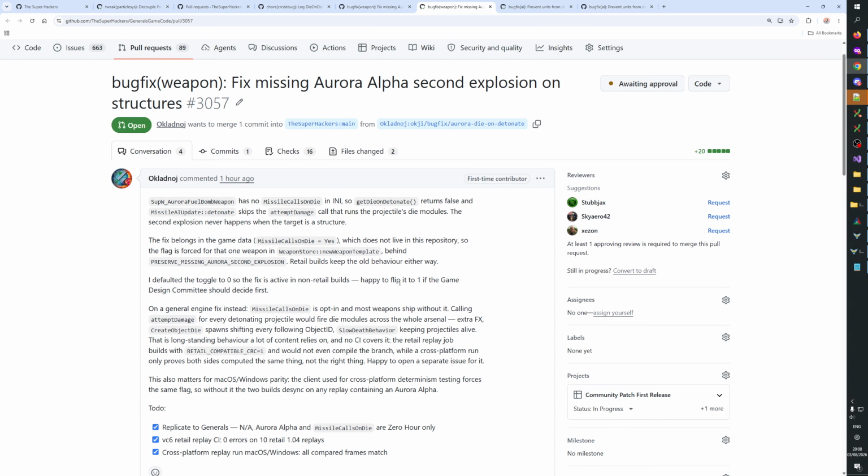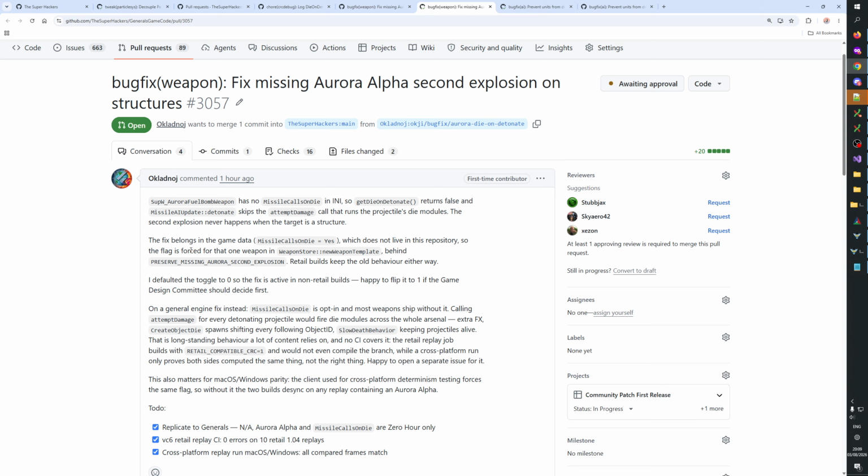Let's read that carefully. So, has no missile in the ini. Yes. This returns false and detonate skips attempt damage. Yes. That runs a projectile's die module. Yes. The second explosion never happens when the target is a structure. Okay, but that's fine. The fix belongs in the game data. Yes, which does not live in this repository. Yes.